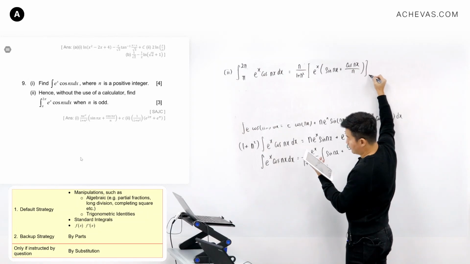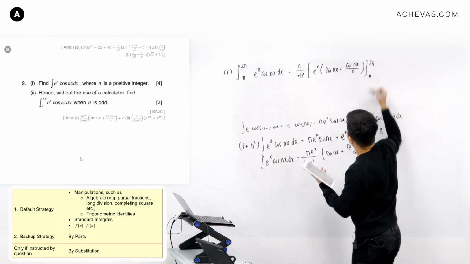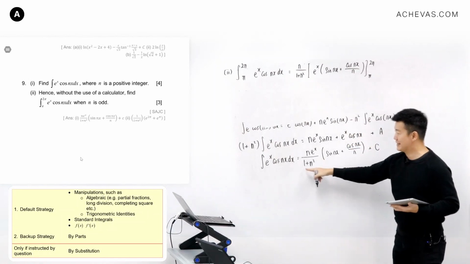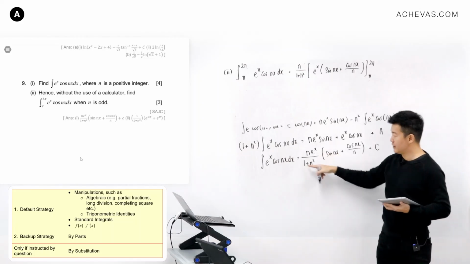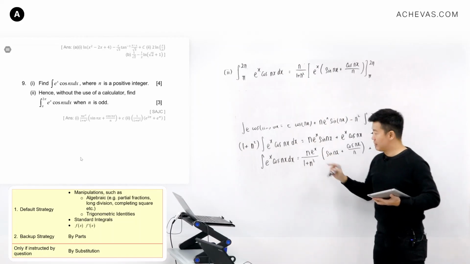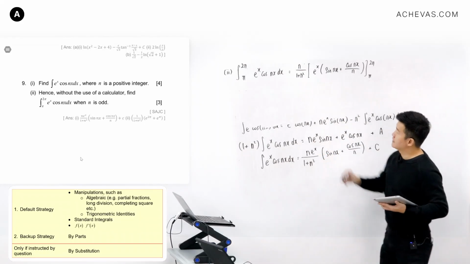So we have this from pi to 2 pi. I'm basically using this result, but I factorize out n over 1 plus n squared, leaving the e to the power of x inside.